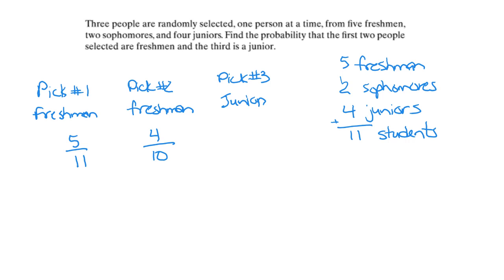All right, for our third pick, we want a junior, where we have exactly all 4 juniors available to select from. But because we've already selected 2 people for the first and second pick, we now only have 9 people remaining to choose from. All right, and because these are dependent events, we will be multiplying.